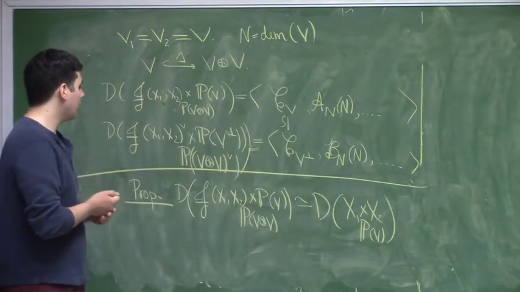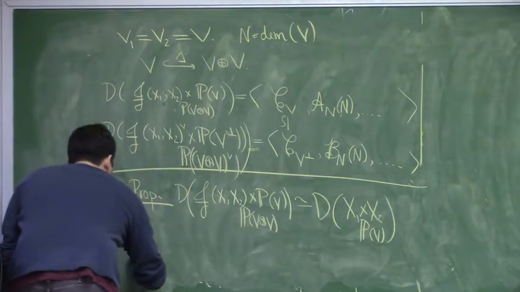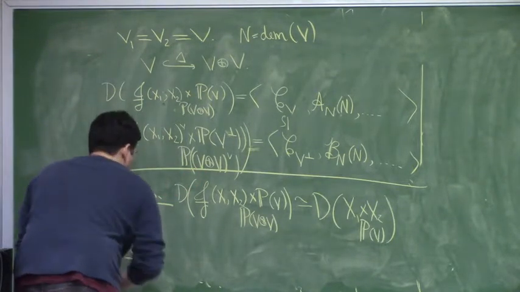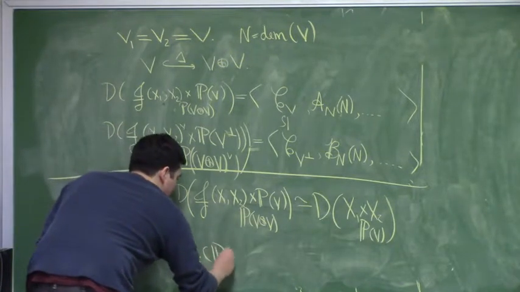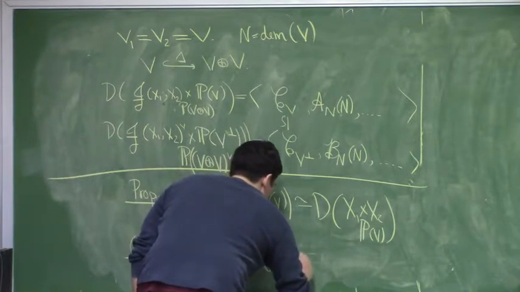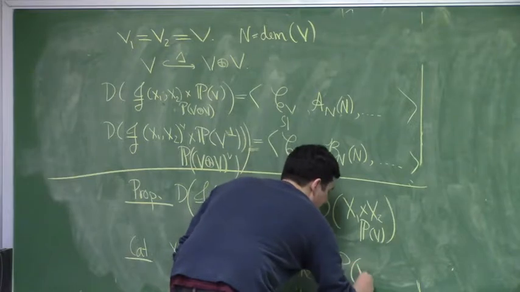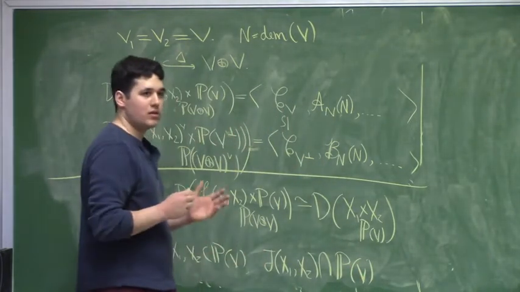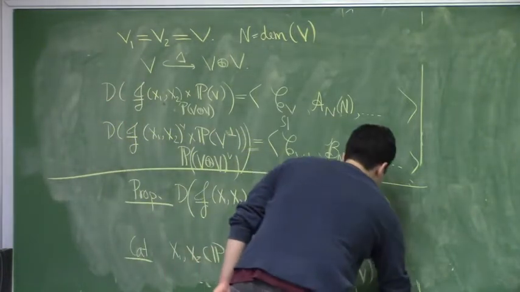The way you can think about this is that, maybe I'll tell you the statement that this categorifies. If I had X1 and X2, which were subvarieties of P(V), and I took their join and intersected it with the diagonal copy of P(V), then it's easy to convince yourself that's just the intersection of X1 and X2.